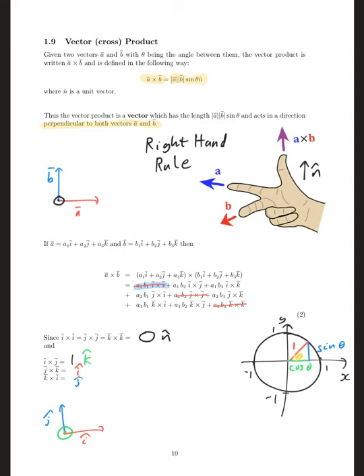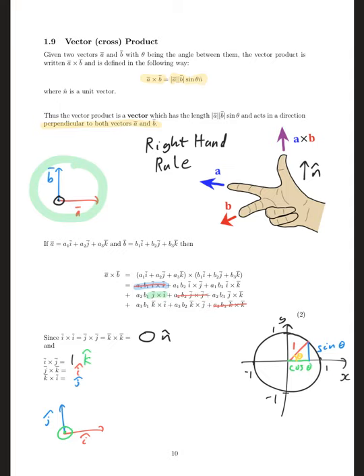So now we have i cross j. What about j cross i? Is it the same? Well, go back to the right hand rule there for a cross b. If you look up here and you put your index finger in the direction of b, because that's going to be the first one, and your second finger in the direction of a, because we're getting b cross a now, you'll find that your thumb is pointing straight down into the page.